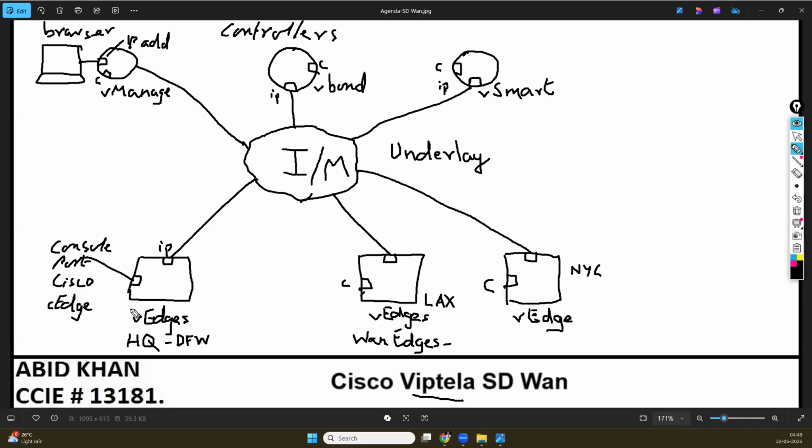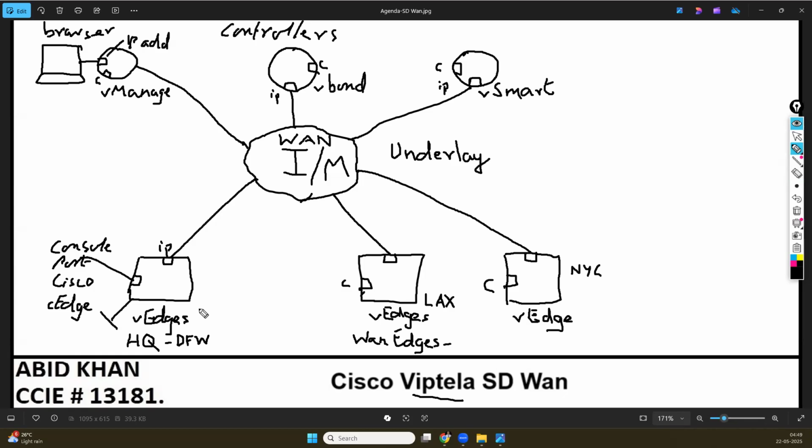Now, behind the router normally, this side we call the WAN. This is the WAN. And every router will have some LAN.